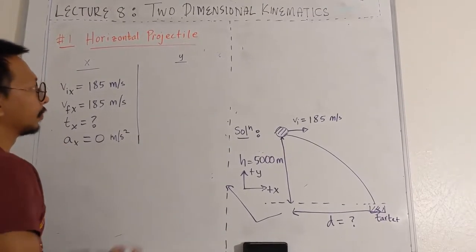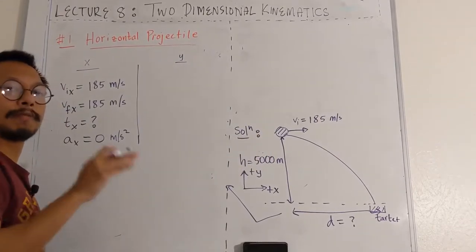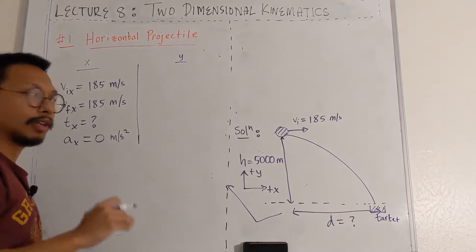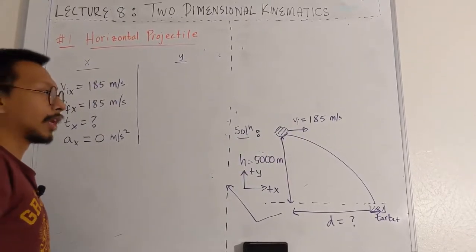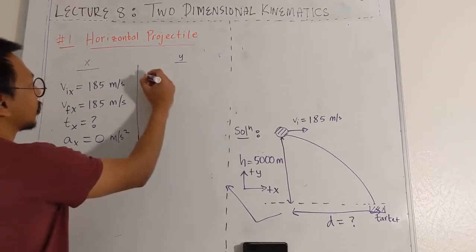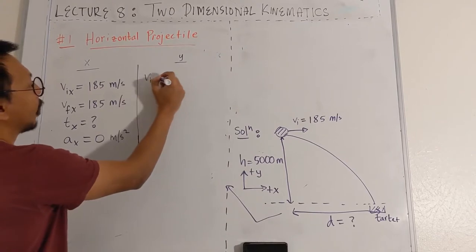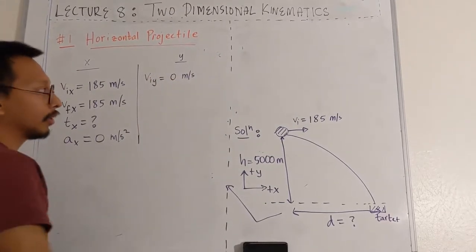What are the variables? We know that the plane was only traveling horizontally, meaning this velocity was a completely horizontal vector, and so it didn't have any y component. So we can say that v_iy was 0 meters per second. Okay.